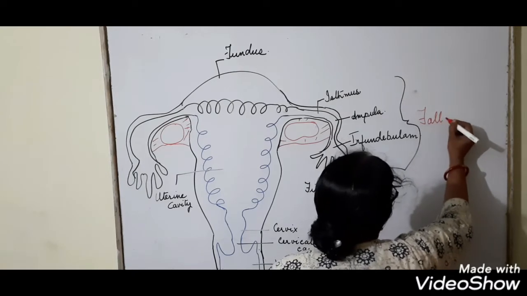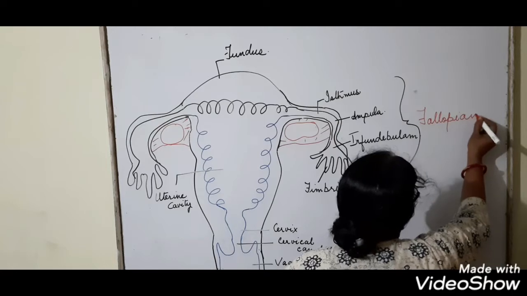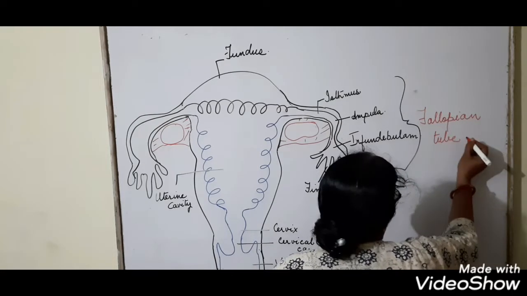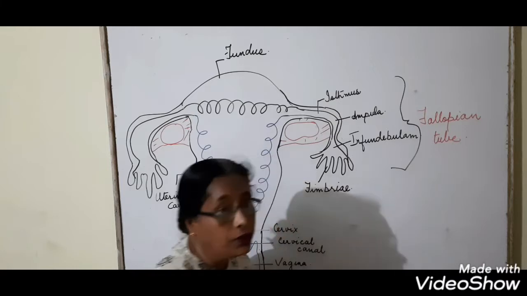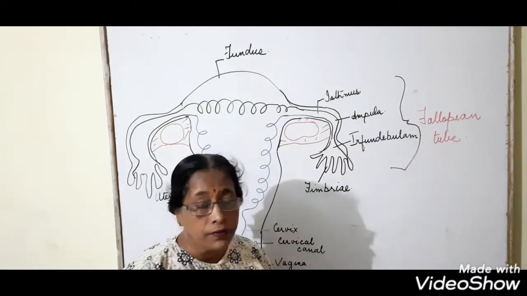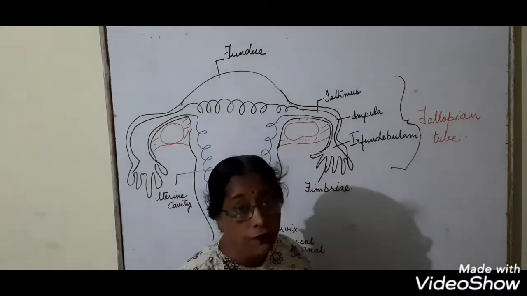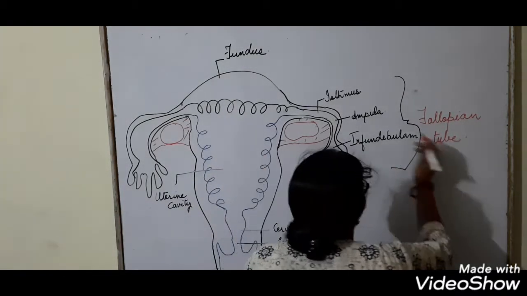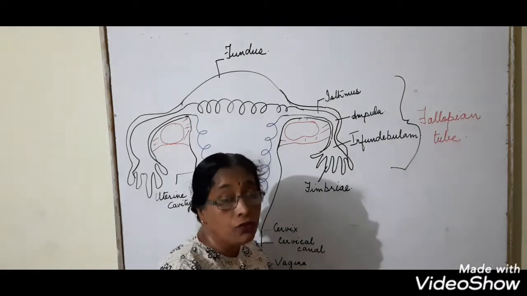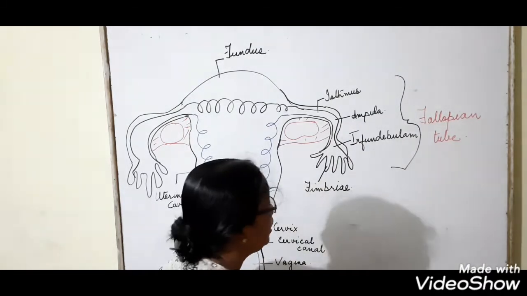The fallopian tube is also known as the oviduct. It is present behind and above the urinary bladder. The fallopian tube is the site of fertilization. Actually, the junction between the isthmus and the ampulla is the site of fertilization.